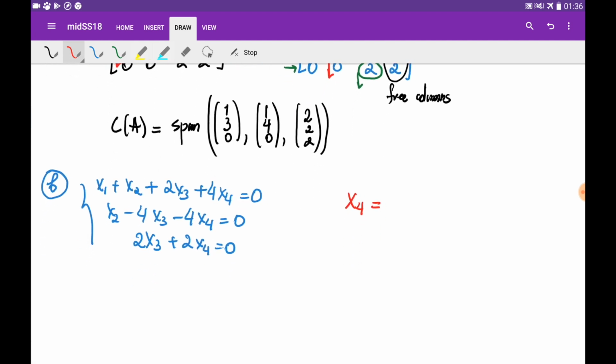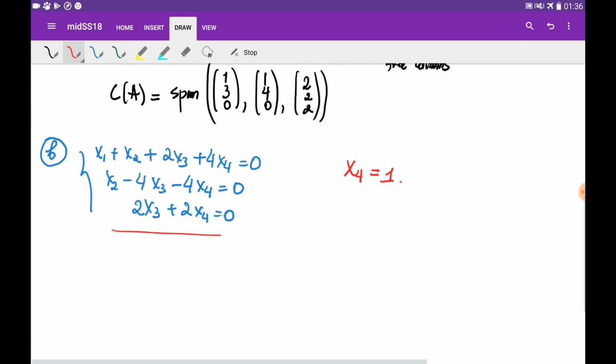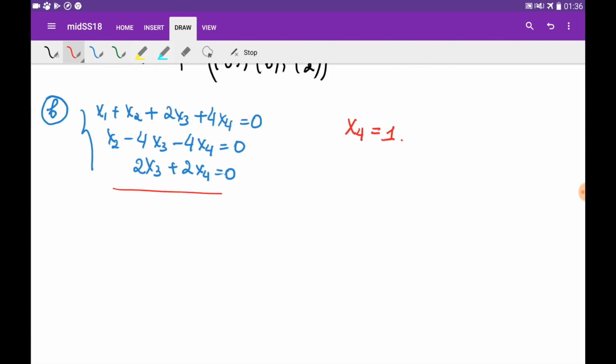We can obtain this by solving this system of linear equations, where we assign the value for the free variable to be equal to 1. So if I substitute x4 equal to 1, I can find the special solutions. From the last equation, we obtain 2x3 plus 2x4, which is 1, is equal to 0.